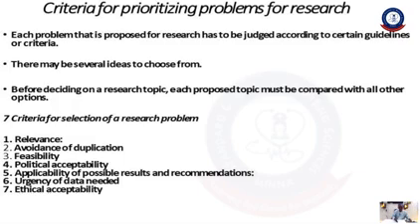Then the fifth one is applicability of the possible result and recommendation. In this regard, we look at whether it is likely that recommendations from this will be applied. This will depend not only on the blessing of the authorities, but also on the availability of resources for implementation of the recommendation.